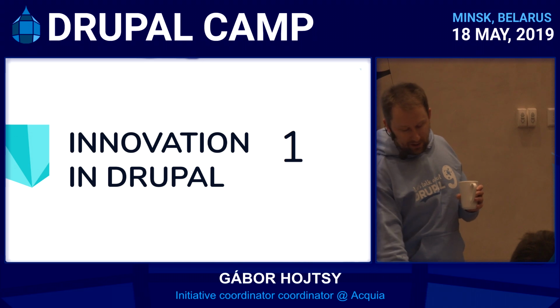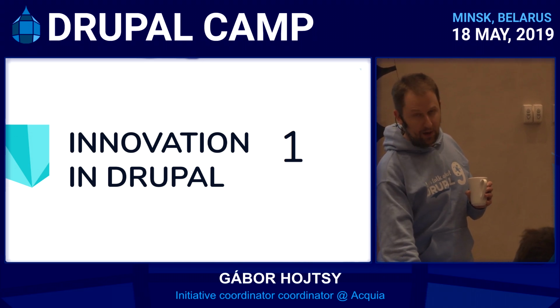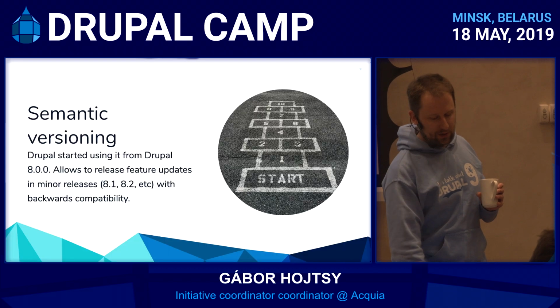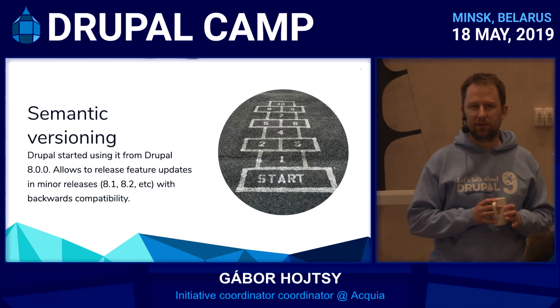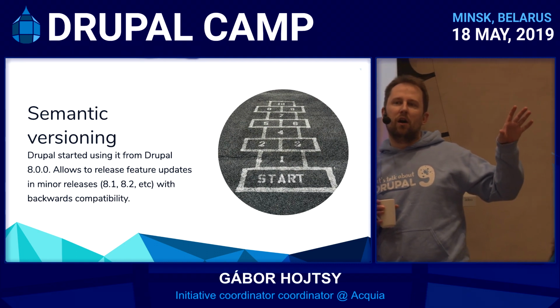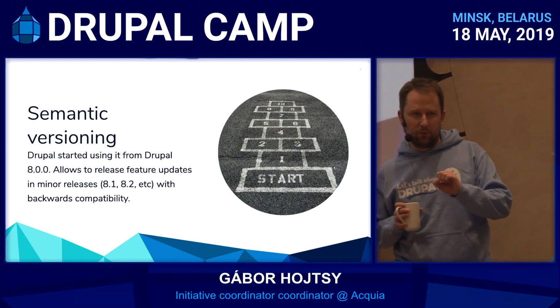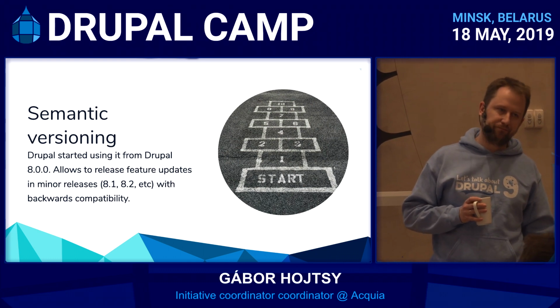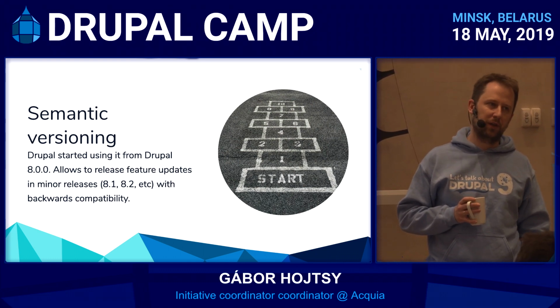So the way we innovate in Drupal is within our current version, Drupal 8 currently. There are 3 concepts that we've introduced with Drupal 8 that help us with creating innovation as we go, without releasing a new major version. The first one is semantic versioning that we introduced with Drupal 8.